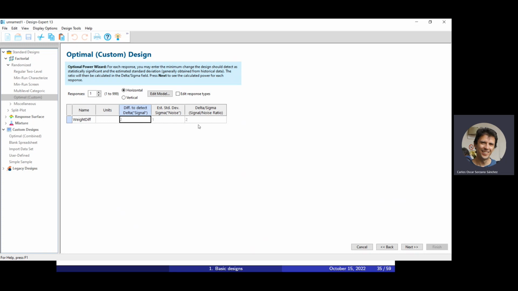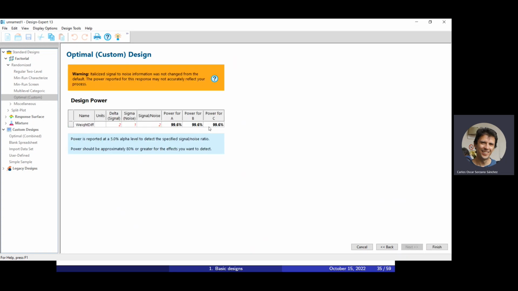So the ratio is 2. Then we see that with 16 animals, so 3 animals per combination, we have a lot of power. So maybe we don't want such a high power, and we can reduce the number of animals.